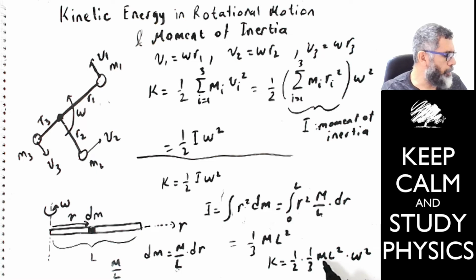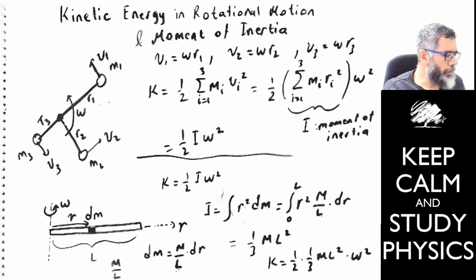As long as you know the total mass and total length, you can easily calculate the kinetic energy for that rod. Well, this is just one example of calculation for some regular shaped rigid bodies. Particularly, we have just calculated a one-dimensional rod, a standard rod.